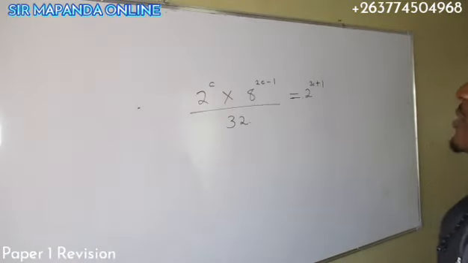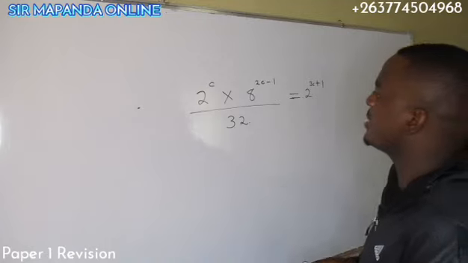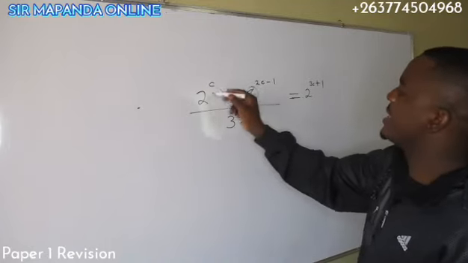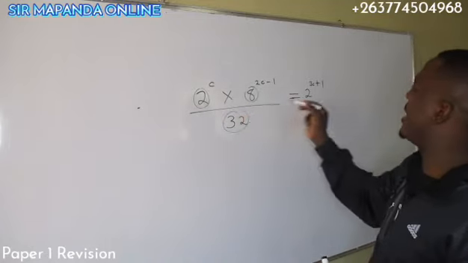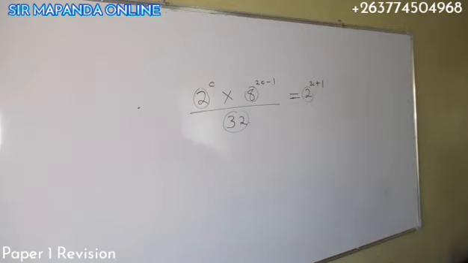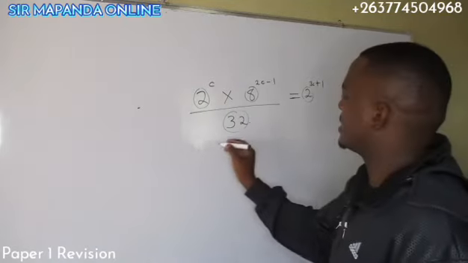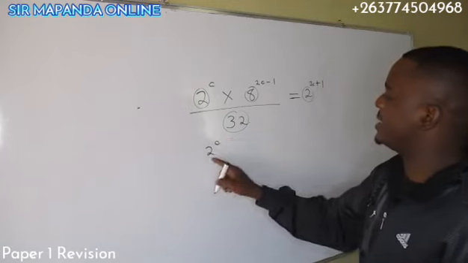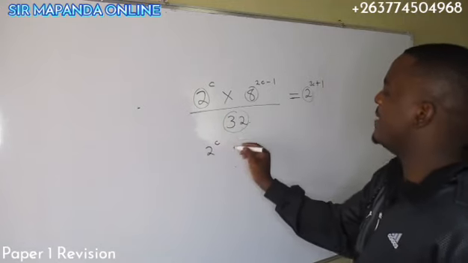You may also encounter this equation and you'll be required to find c. So what you need to do, you convert each and every number to the same base. You can make use of base 2. So this 2 to the power of c is going to remain the same since it is in base 2 already.